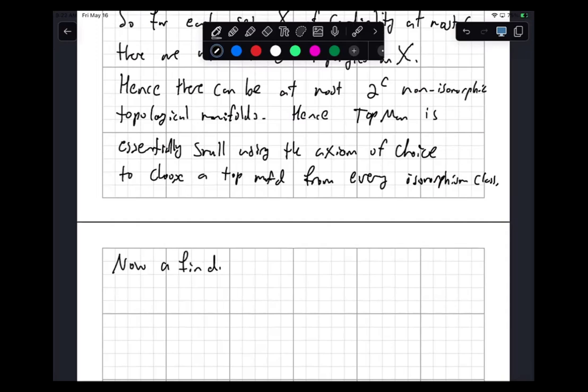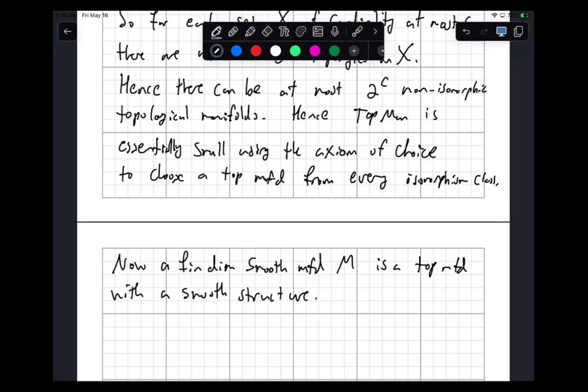Now, a finite dimensional smooth manifold M is a topological manifold with a smooth structure, right? What's a smooth structure? We want to show there's a small set of isomorphism classes of manifolds. So a smooth structure consists of an equivalence class of atlases.